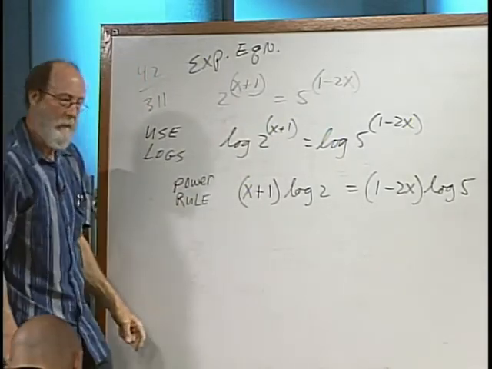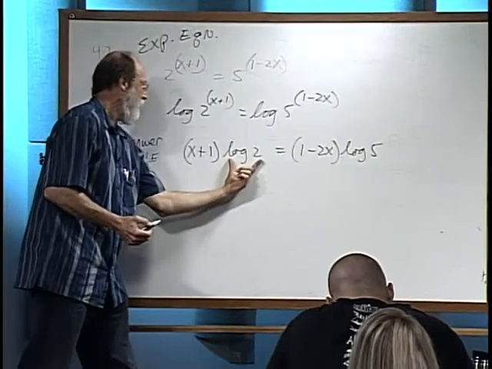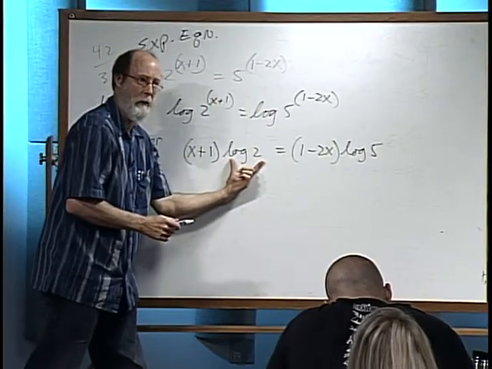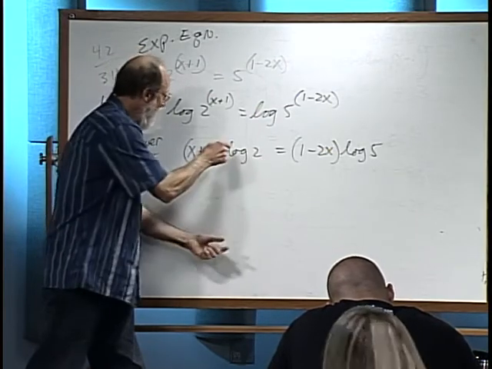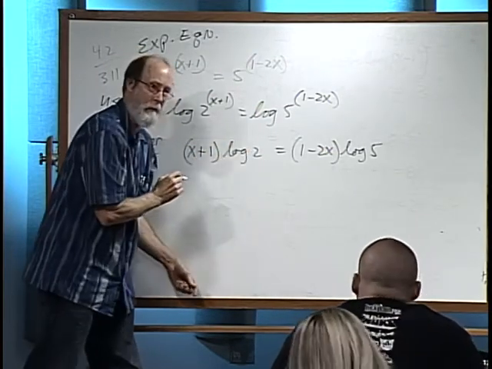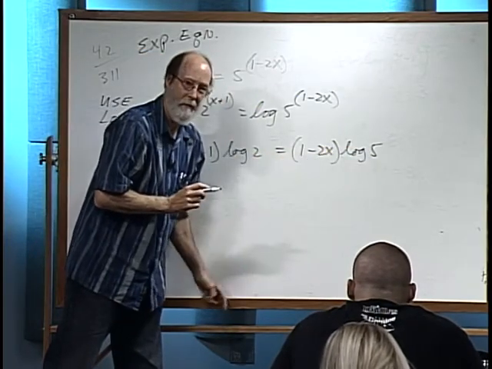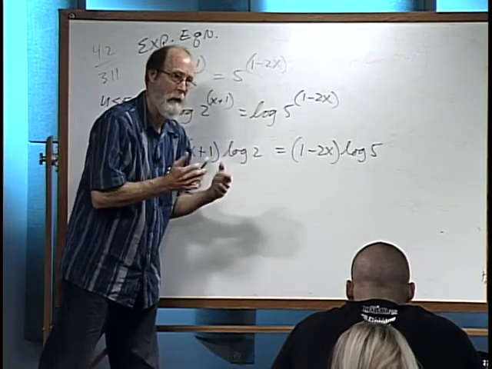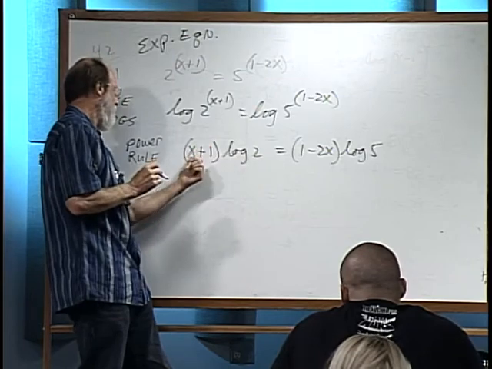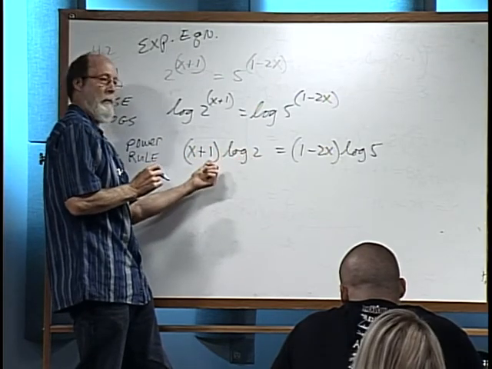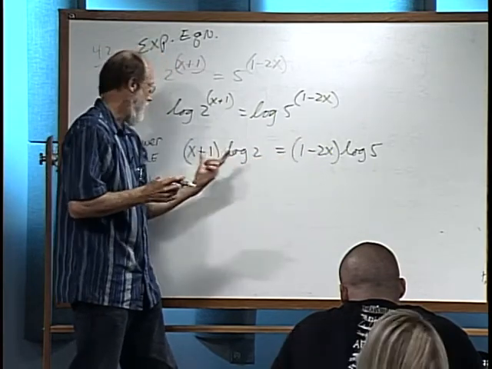The reason that's important, in both cases, is because log of 2 is just a number. It's the exponent of 10 that gives you 2. Over here, log of 5 is the exponent of 10 that gives you 5. So they're just numbers, and you can punch them on your calculator. That number has to get multiplied by x and also multiplied times the 1, and similarly over there, to both terms. That's why you need these parentheses.